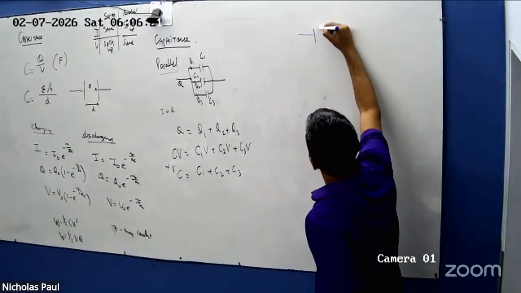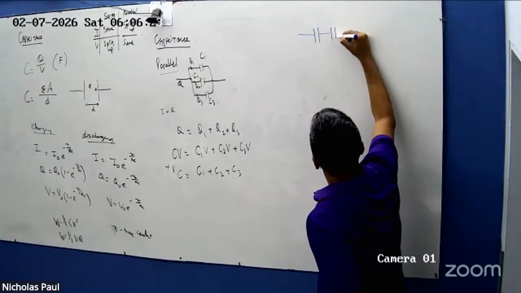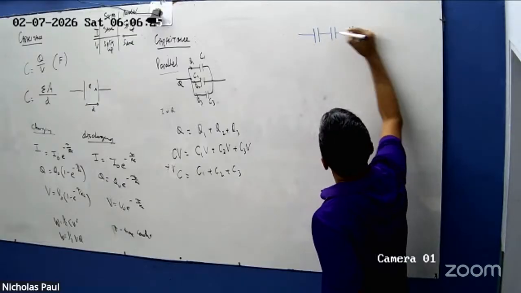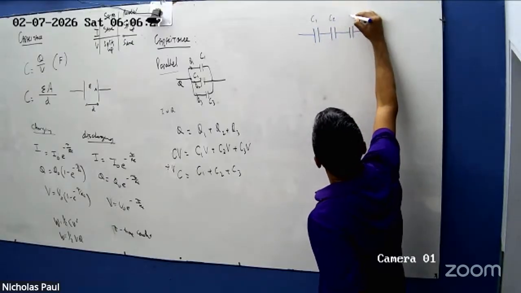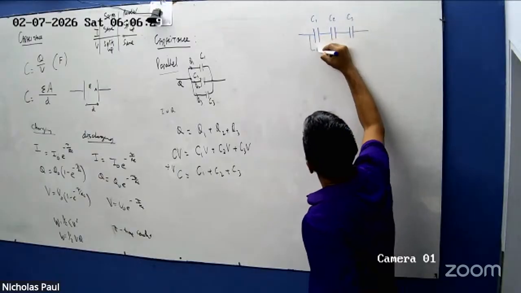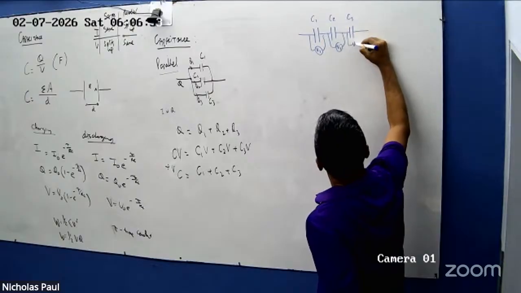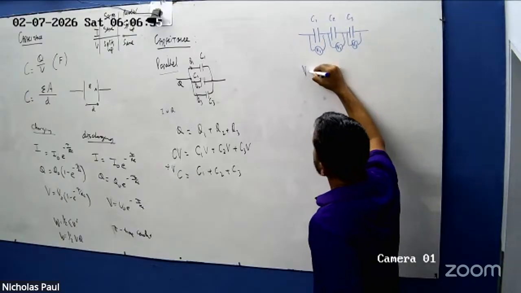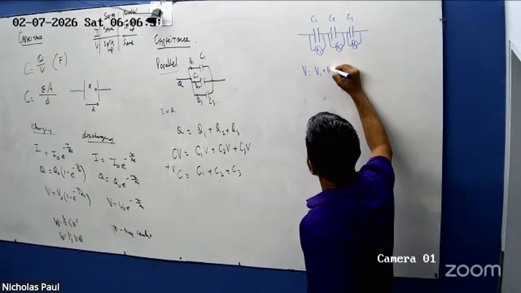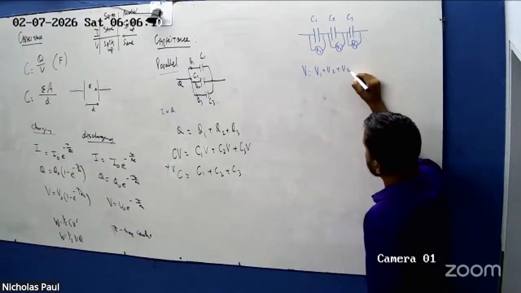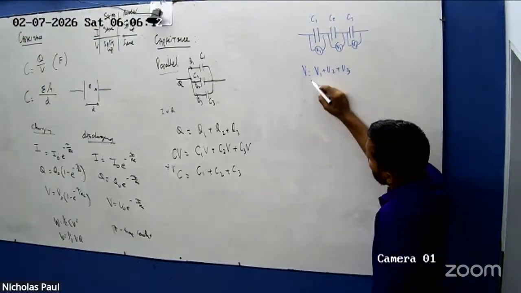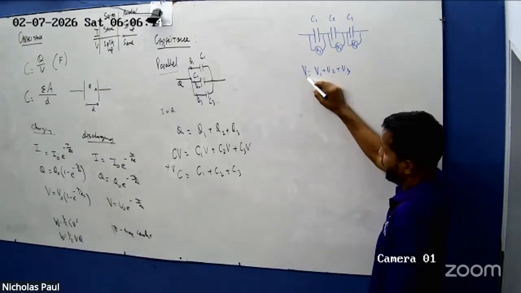You put three capacitors in series, C1, C2, C3. And if you find the voltage here, the voltage here, and the voltage here, you would recognize that V is equal to V1 plus V2 plus V3. And of course, we're going to replace V, right?